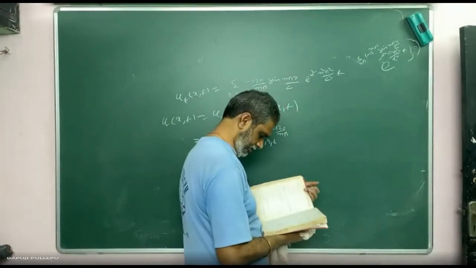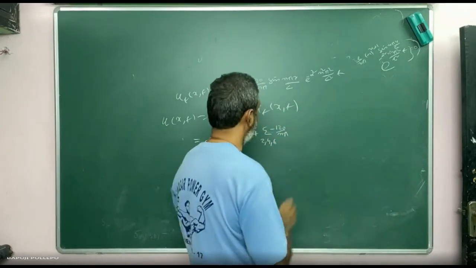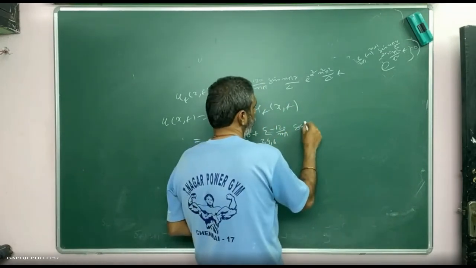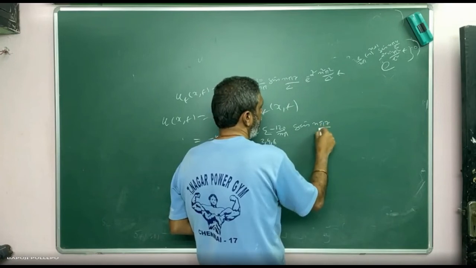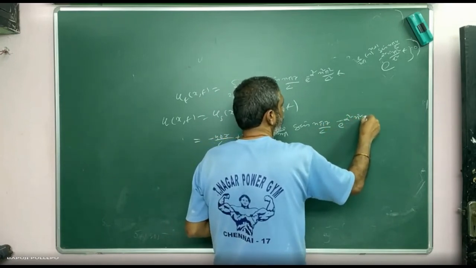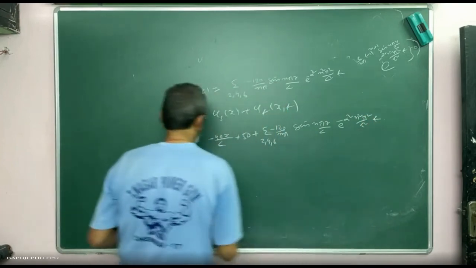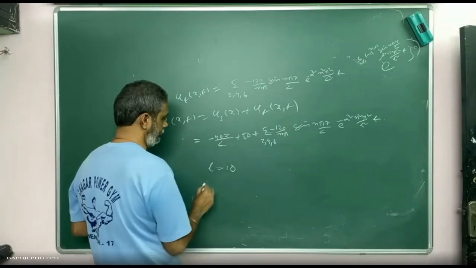Maybe the L also will come, I think, if we substitute in sin n pi x by L e to the power of minus alpha square n square pi square by L square t. Now here, who is L? What is the L value, sir? 10. If you want, you can substitute it now.